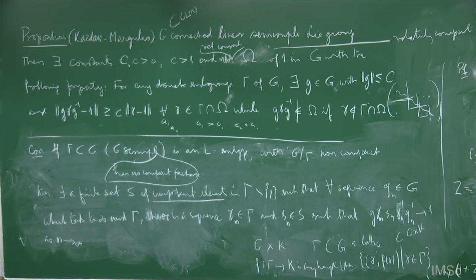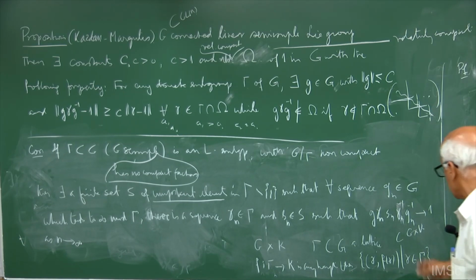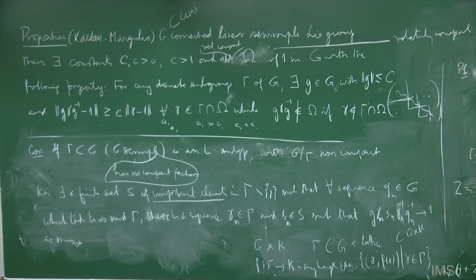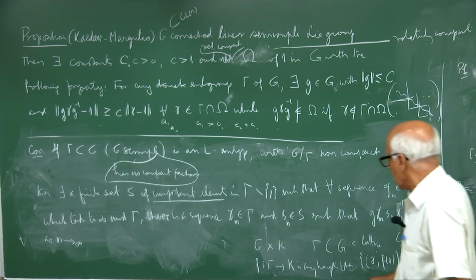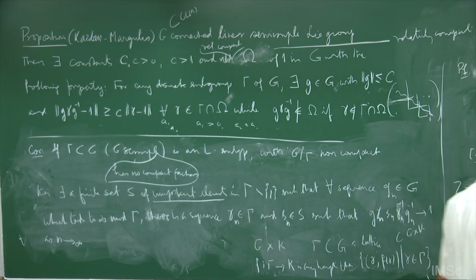If G has no compact factors, the K thing will come in only if there are compact factors. That's the kind of thing that happens. Anyway, okay. One consequence of this corollary, a corollary to the corollary, if you like, is the following.